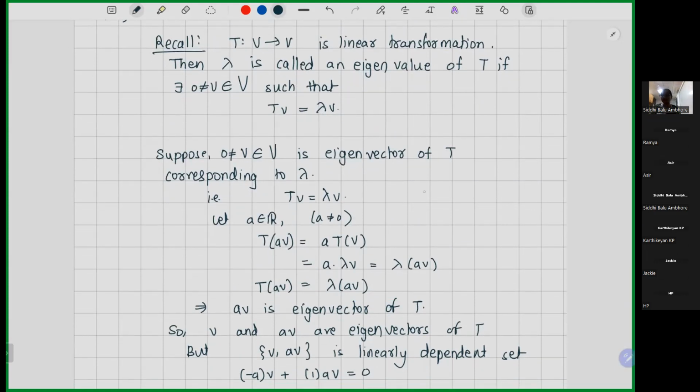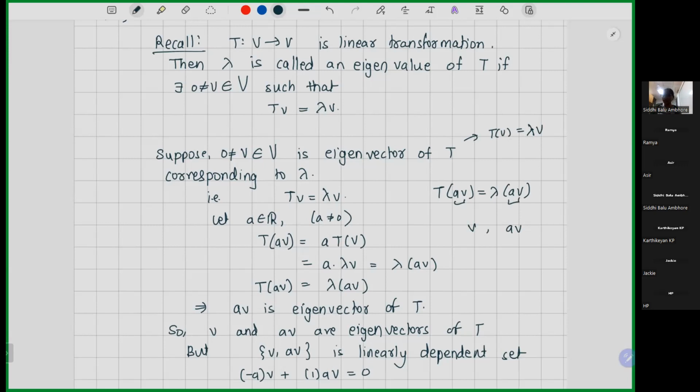Because T of av gives lambda av, av becomes an eigenvector. We started with the eigenvector v, so we already have Tv equal to lambda v.